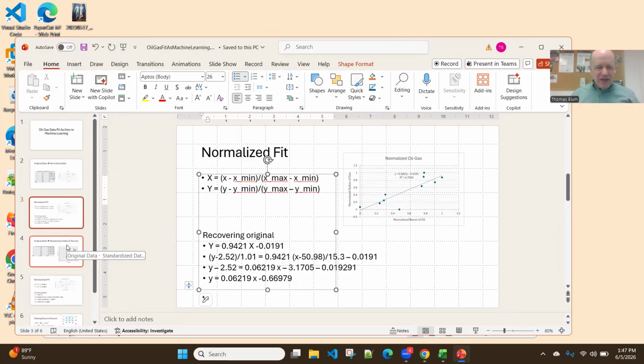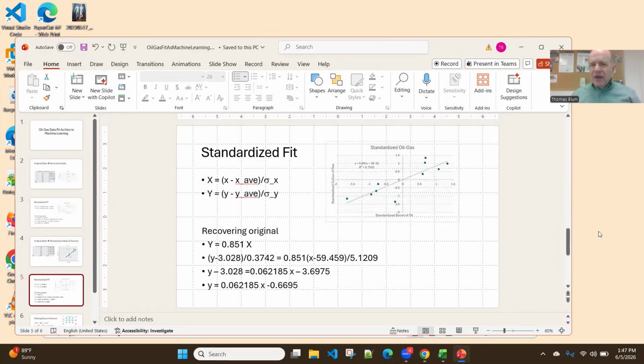So the normalization of the data tames it, makes it easy to work with, but it's no loss of information.